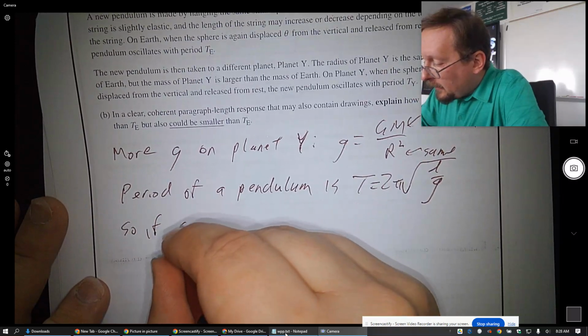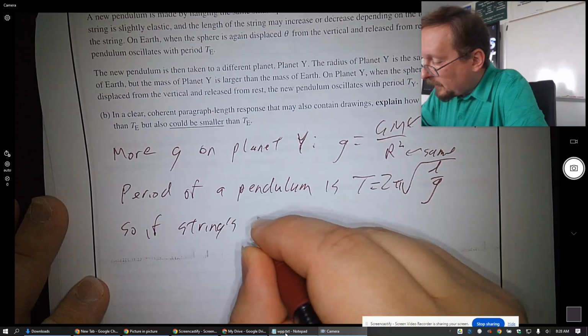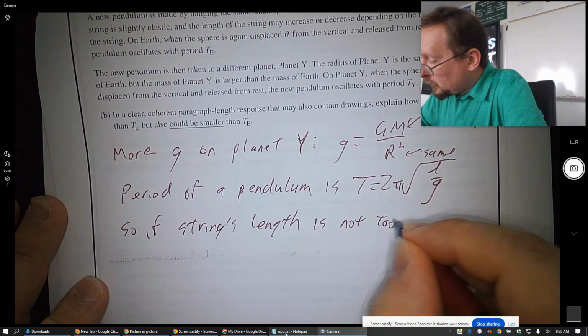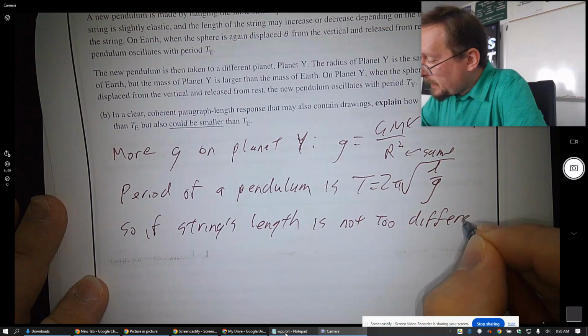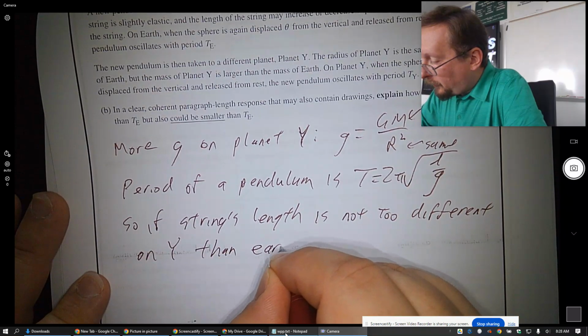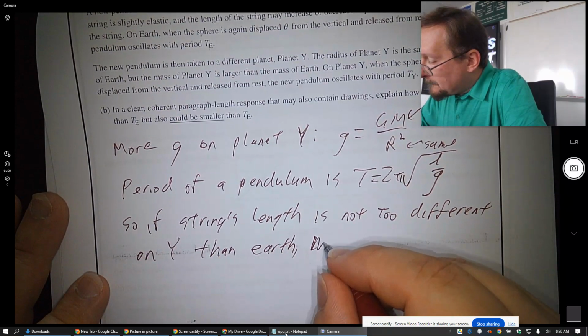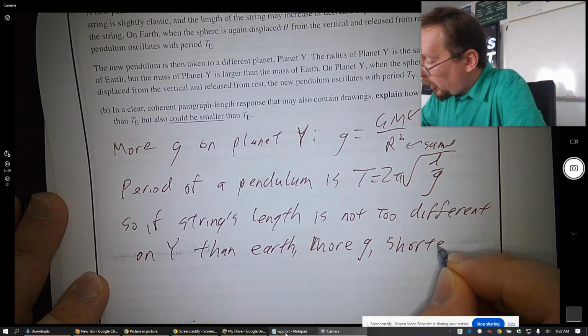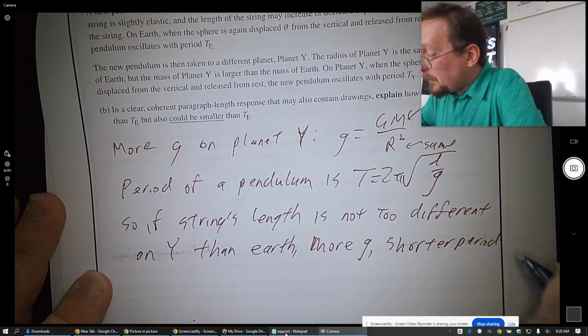So if the string's length is not too different on Y than Earth, right? More gravity, shorter period, okay?